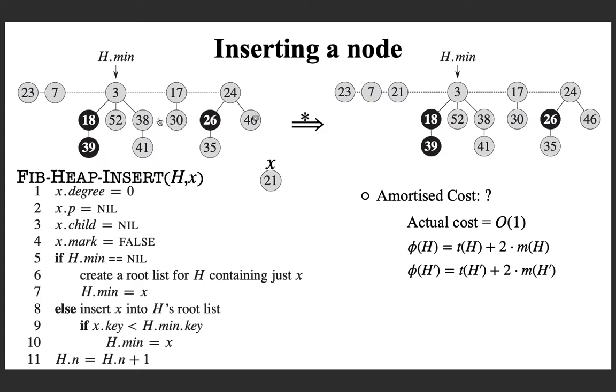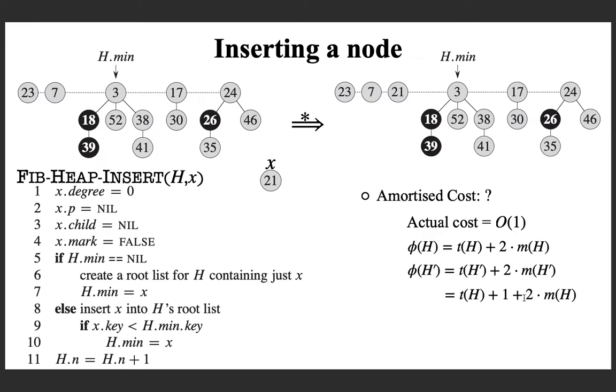In this operation, the number of trees is increased by 1, so the number of trees in the resulting instance is the number of trees in the original instance plus 1. And the marked nodes are the same as in the original instance because the new node is not marked.